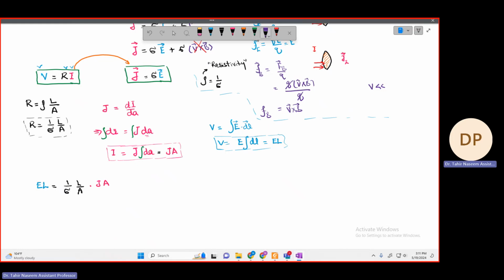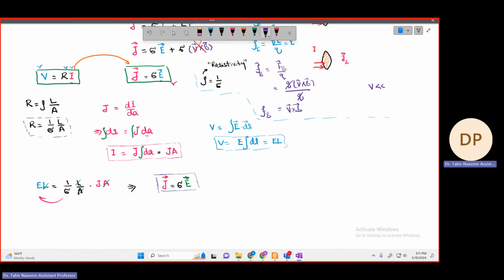Now, a few things cancel out: A cancels with A, L cancels with L, and we will have J, sigma, take this to this side, is equal to sigma times E. And in vector form, I can write J equals sigma E, which you can see is the Ohm's law, right? So one can convert one form to the other.